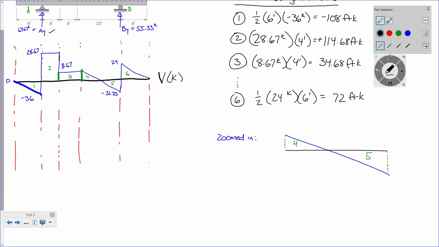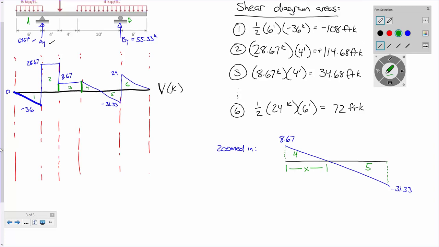Okay. So when it comes to magnitudes, this is 8.67, and this is negative 31.33, right? Okay. So in order to calculate the areas of these triangles, we're going to need that distance, right? Like area base times height, we need the base. Okay?